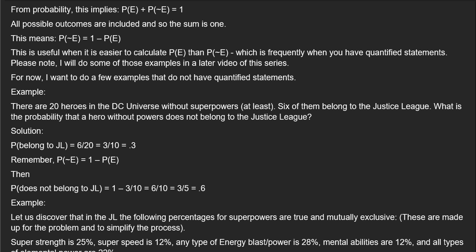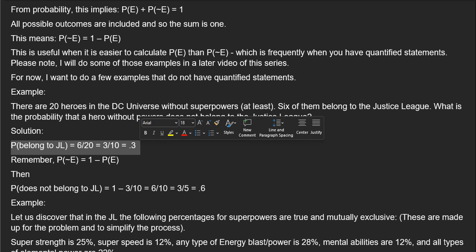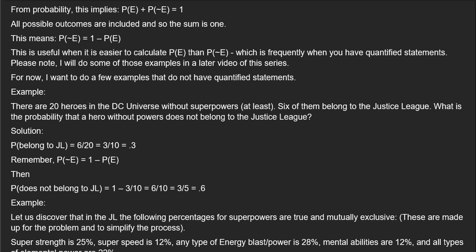So we want to know the probability that, if you don't have powers, you do not belong to the Justice League. The probability of belonging to the Justice League is equal to 6 of them that are in the Justice League out of 20 total, that would be the universal set under consideration, which simplifies to 3/10 or 0.3, depending on what your particular professor or homework system wants for an answer.